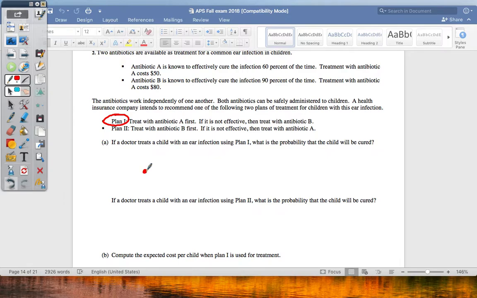And so the first thing we do is we go to antibiotic A. Now it has the possibility of curing the infection 60% of the time. So this is either cure or NC, which is not cure. If I cure, that is 0.6, and if I don't cure, that is 0.4.